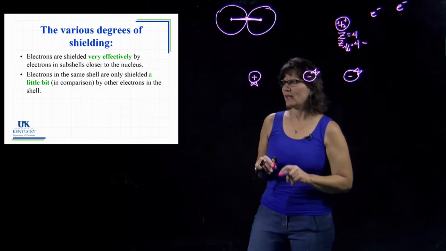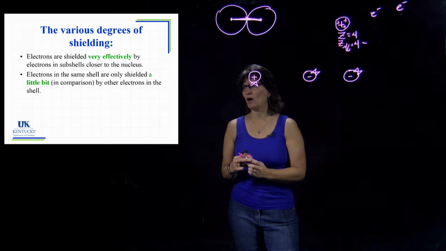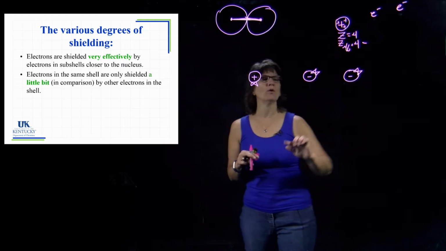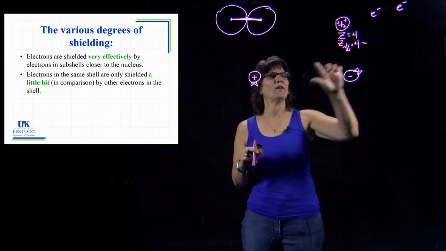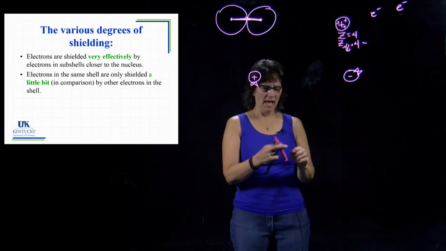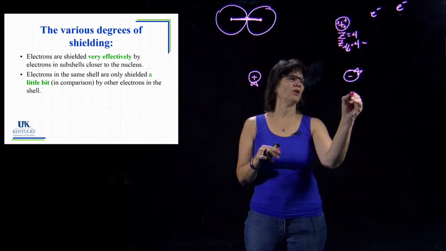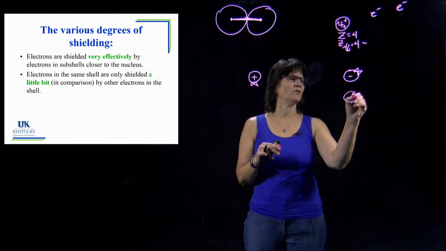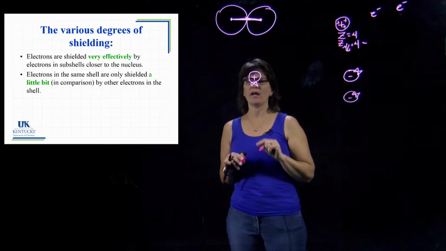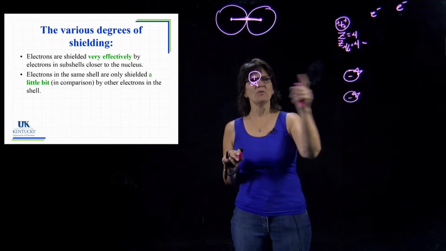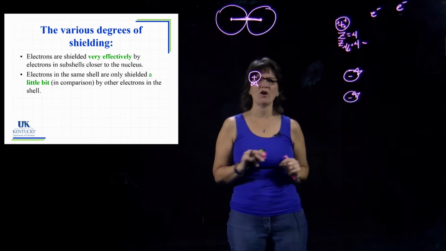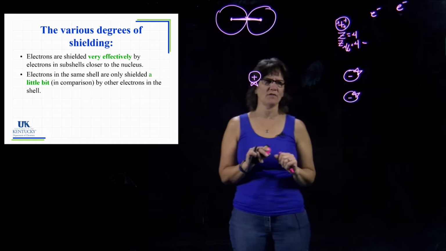It says here that electrons that are in the same shell are only shielding a little bit. So we're going to get rid of her, and let's have an electron that's out here equal distance from the nucleus. So they're both there at the party. They both have a pretty equal share of being able to attract the attention of this nucleus.